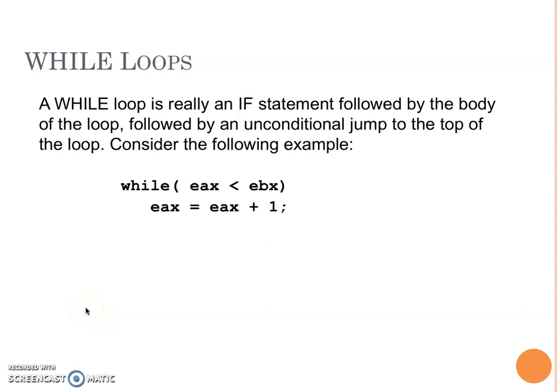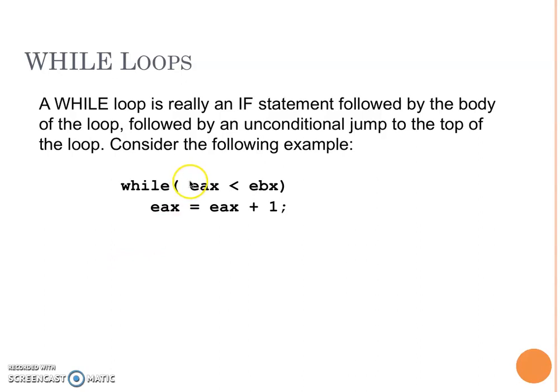Okay, the next one. How about the while loop? In the high-level language, we can simply write this, right? While EAX is less than EBX, I just increment EAX. But how should I write this in assembly language? What is the while loop I should write?